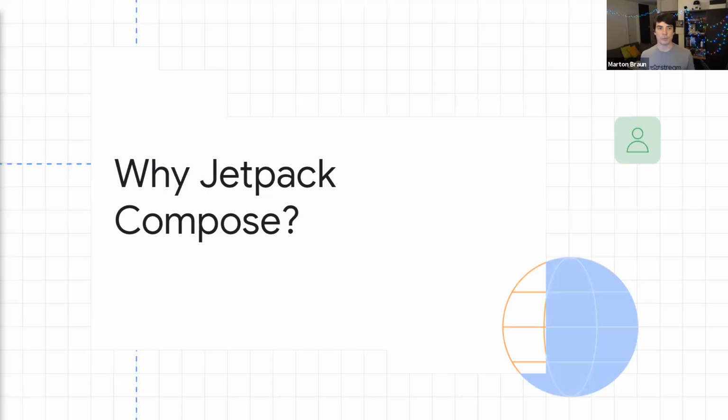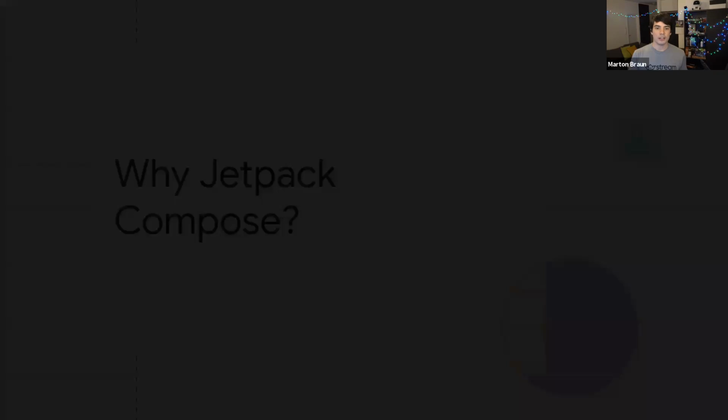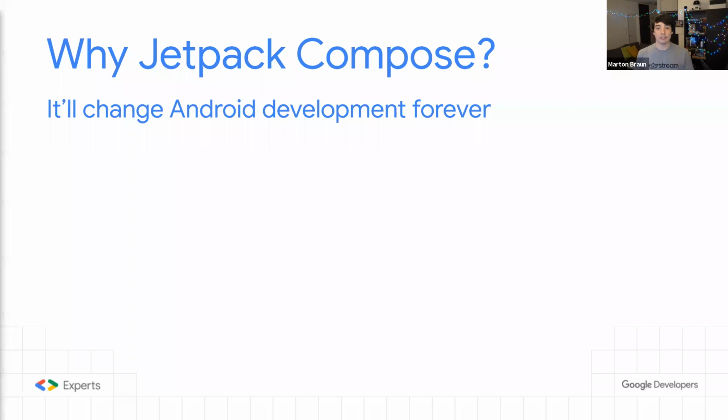So first things first, why Jetpack Compose? Compose is a really hot topic right now, and it's safe to say that it will change Android development forever. A lot of people believe this in the community, and so does Google, as far as we know. Compose promises to solve a lot of the problems that we had with the old UI toolkit that we're working with, which is based on views and XML layouts.